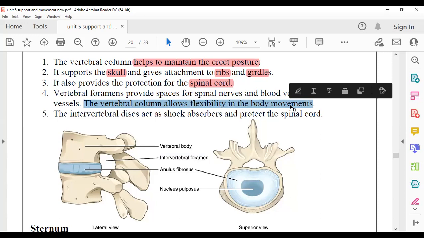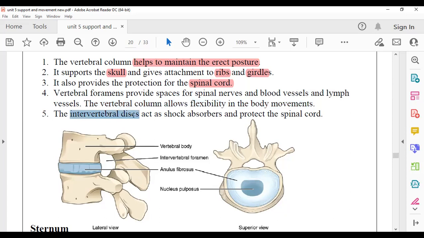And finally, between the vertebrae there will be a connective tissue component. That connective tissue component is the intervertebral disc.